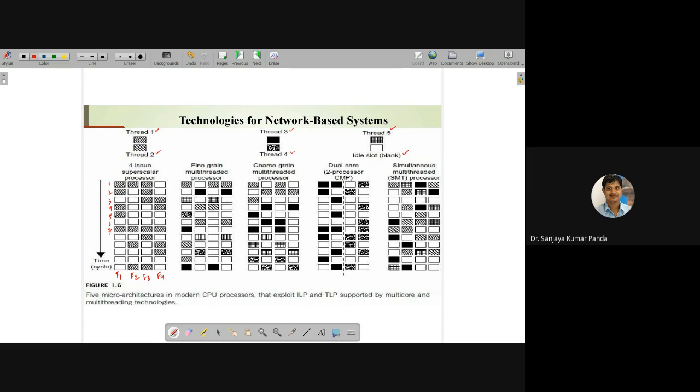So if you go for a 4 issue superscalar processor with 4 functional units, this processor executes a single thread in 4 functional units. Here you can see all these sketches belong to thread 1. Suppose thread 1 can utilize only 3 functional units.